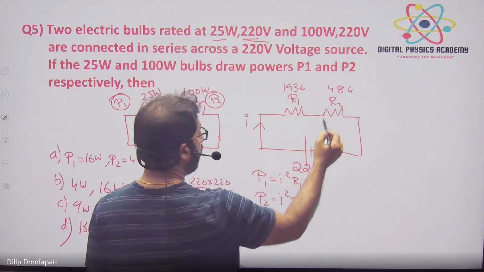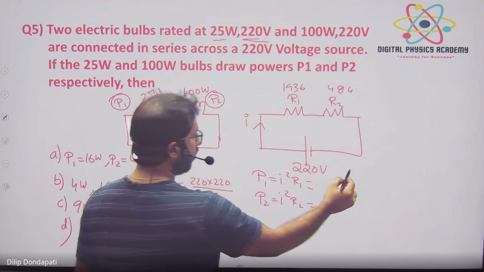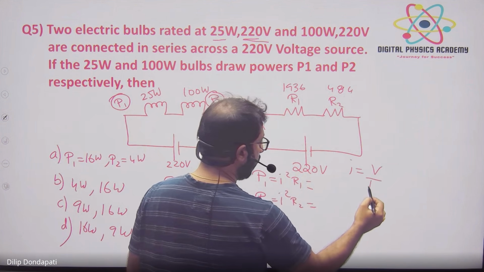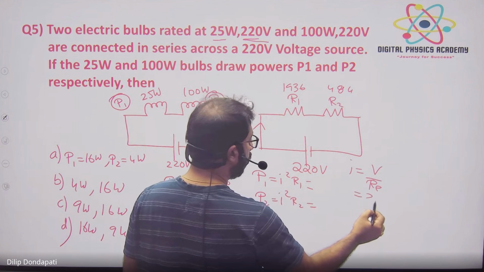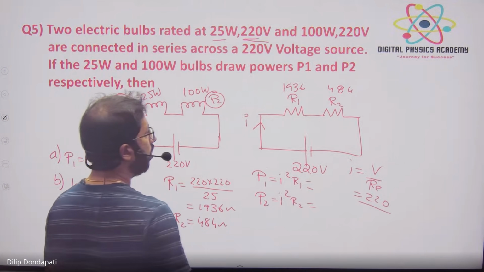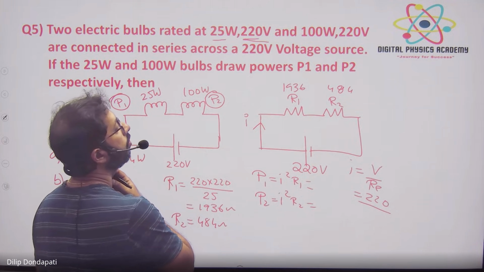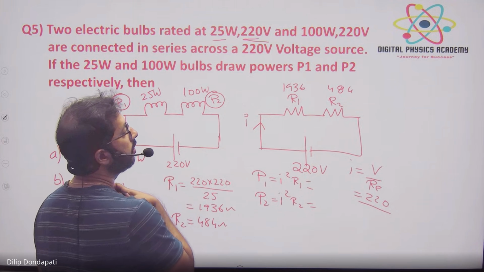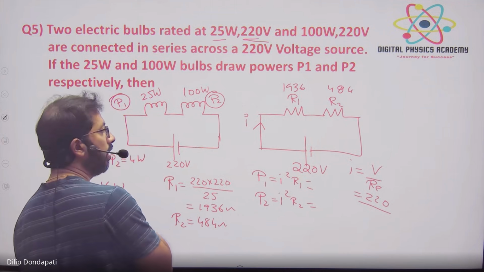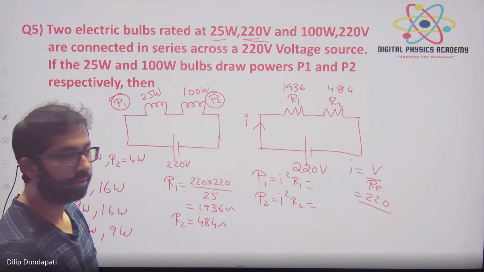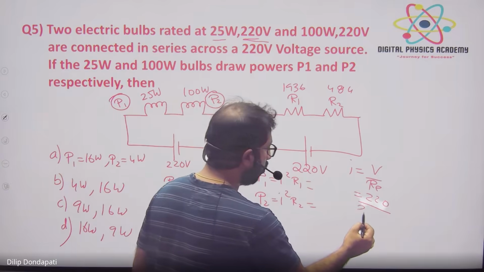Now how much is the current? V by R equivalent. So 220 by 1936 plus 484. 1936 plus 484 is 2420, right?